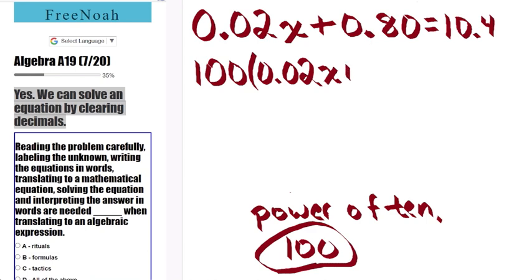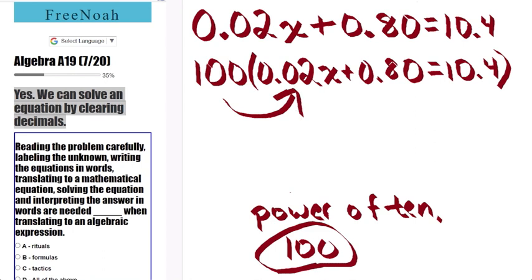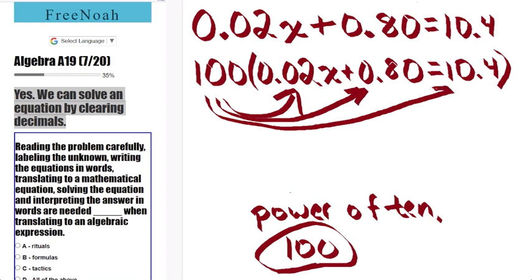on decimal placement. So 100 times the entire equation, the left side and the right side of the equation. We're going to distribute the 100 here. We're going to multiply 8 tenths by 100, and we're also going to multiply 10 and 4 tenths by 100.